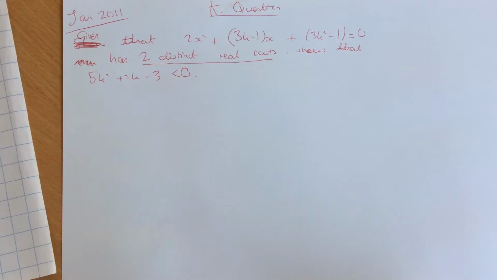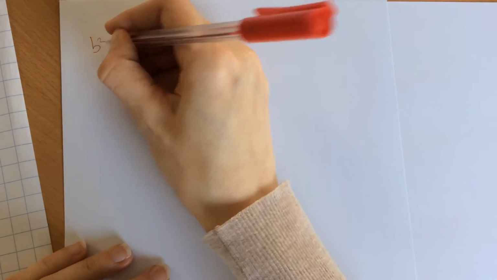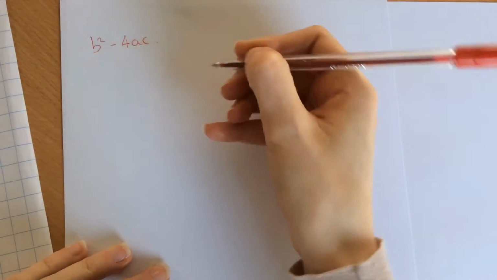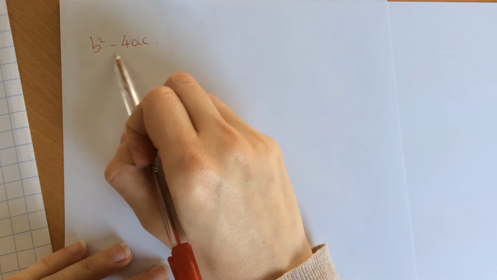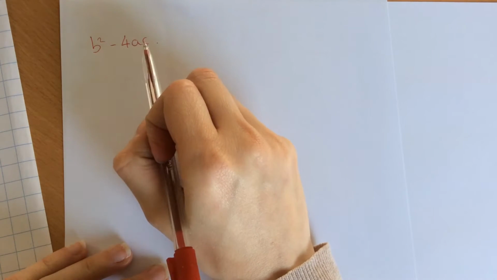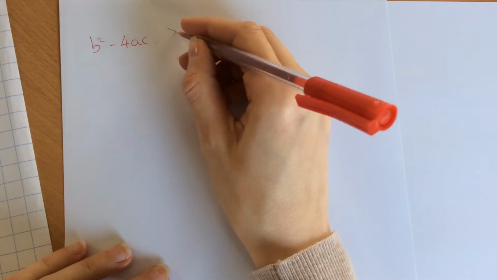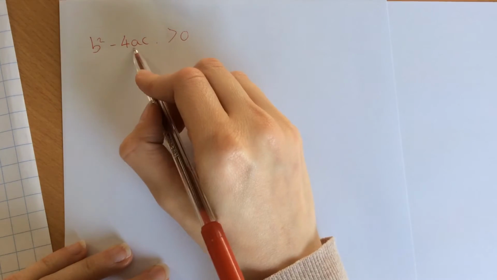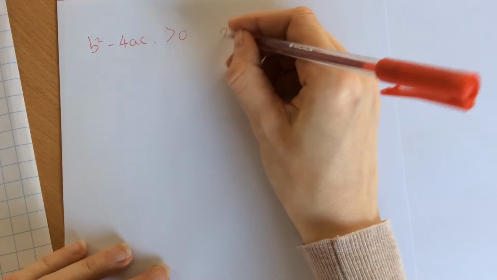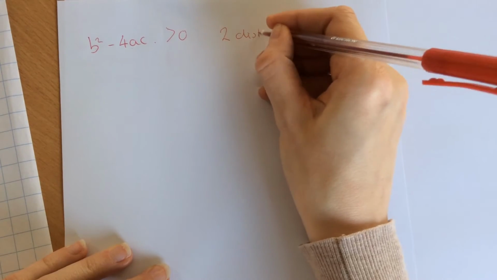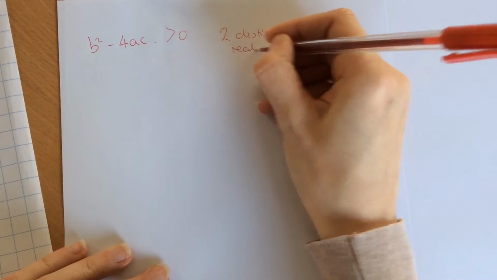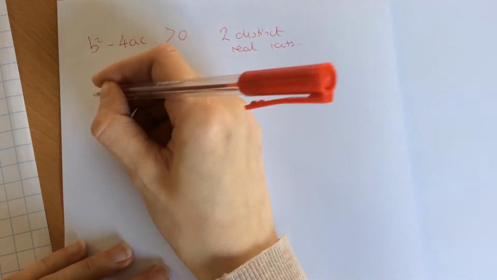Two distinct real roots. Okay, so when you're looking at K questions, there's three important rules that you've got to remember. It's all looking at the b squared minus 4ac, the part of the formula under the square root. Now then, if the answer to this is greater than 0, so when you put numbers into this, that tells us it has two distinct real roots.